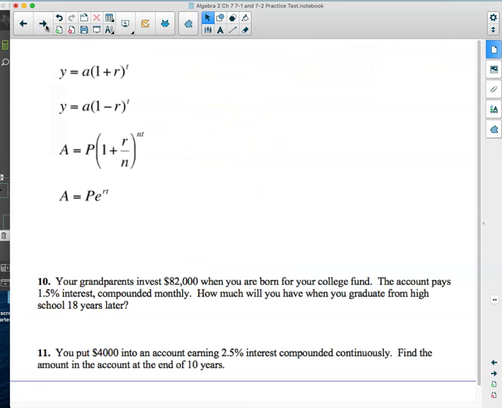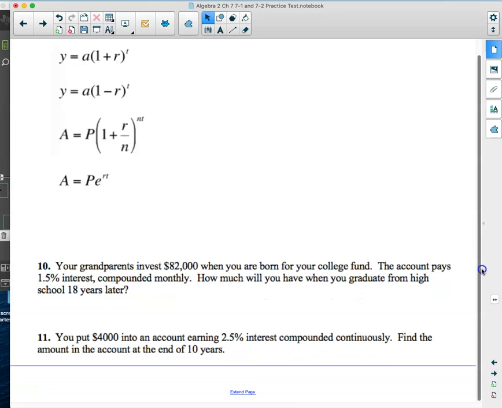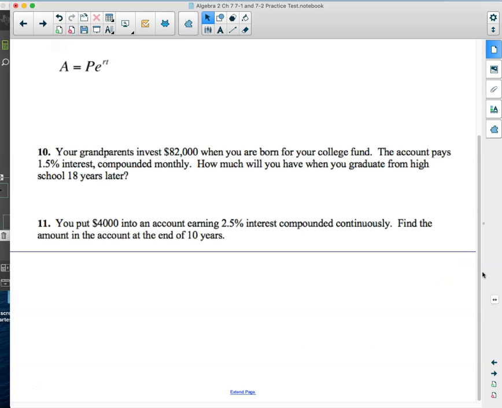Two more to go. Just two. Here they are again. There are our lovely formulas. Your grandparents invest $82,000. Wow. When you are born, for your college fund, good for them. The account pays, oh boy, yeah, there's the bad news, 1.5% interest.